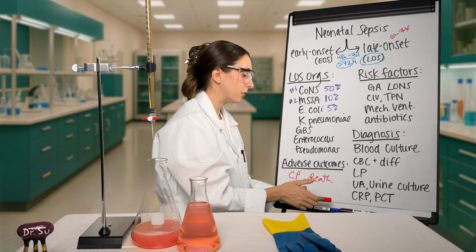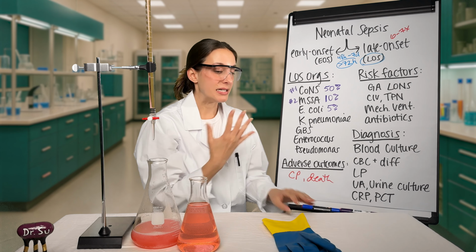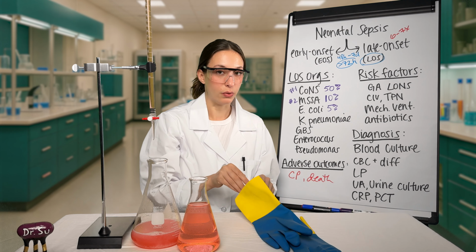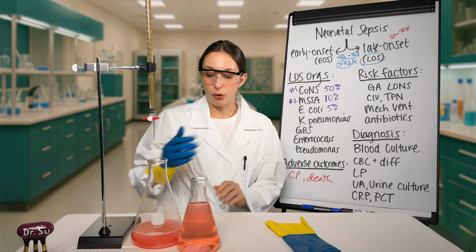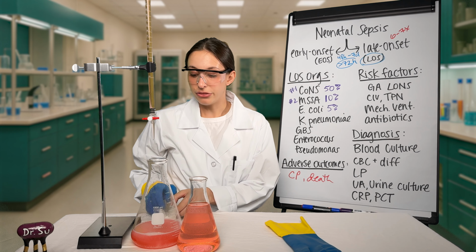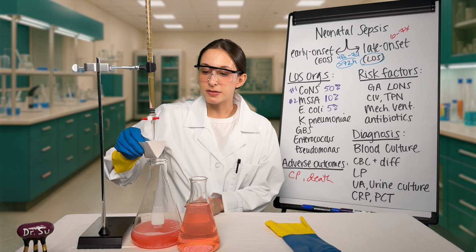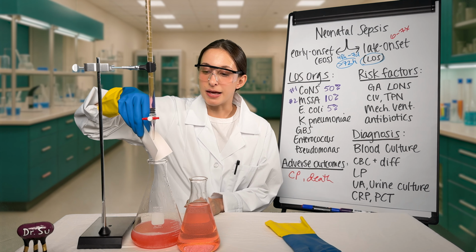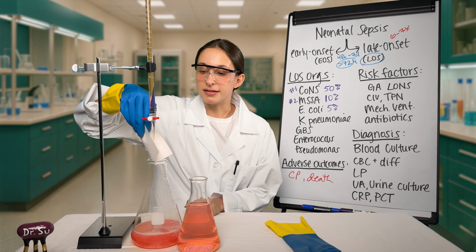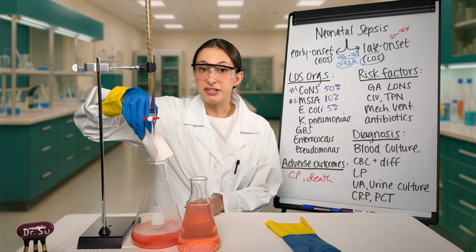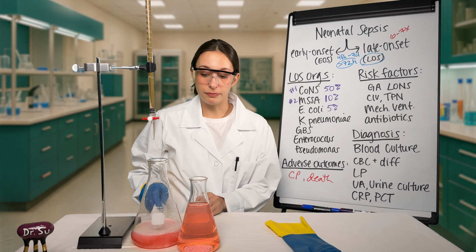So it's really important to be able to identify risk factors associated with late onset sepsis to help us assess the risk as well as potentially the organisms that might be causing late onset sepsis, because there's a lot of different organisms that we need to be aware of.